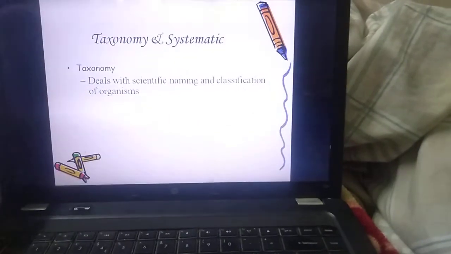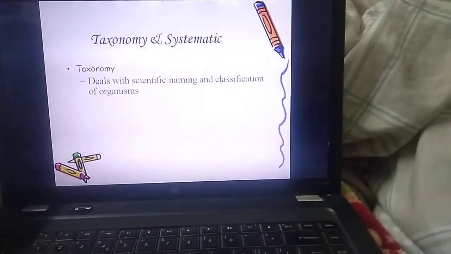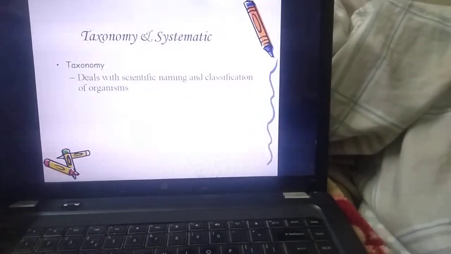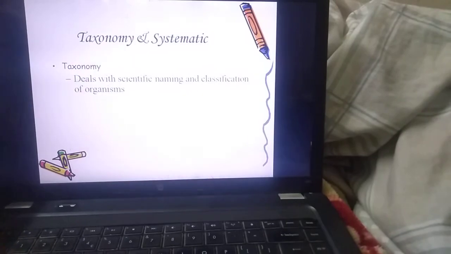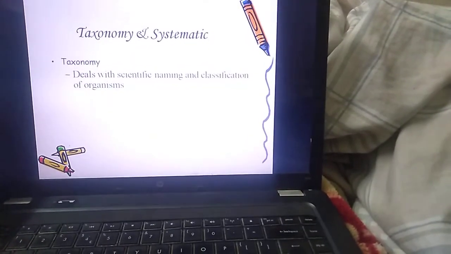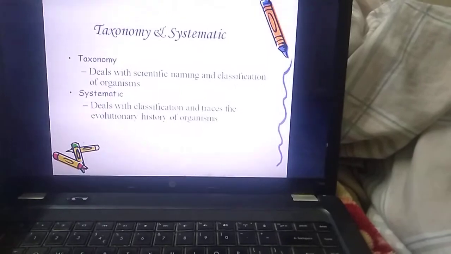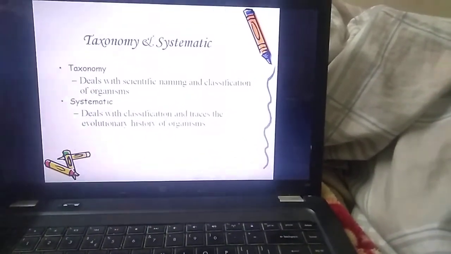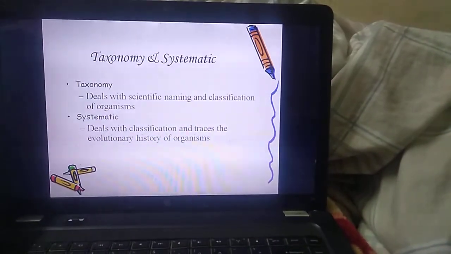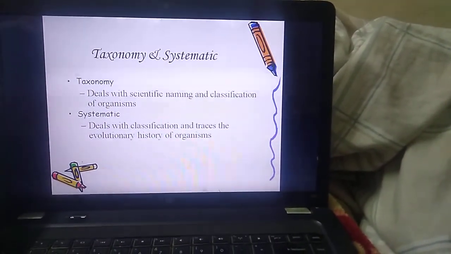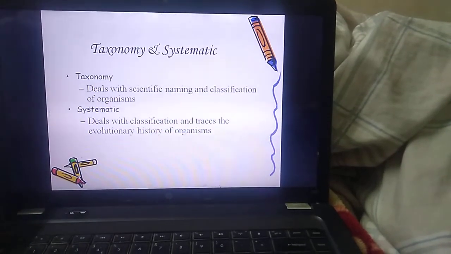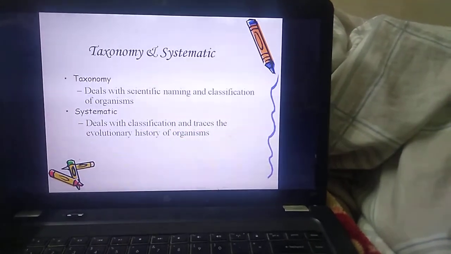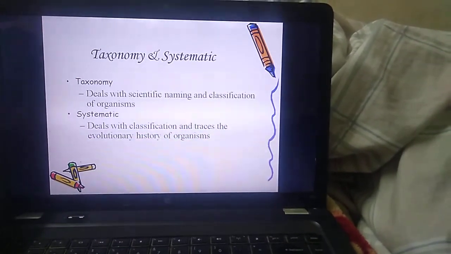What is taxonomy? Taxonomy deals with the scientific naming and classification of organisms into groups and subgroups. And systematics deals with the classification and also traces the evolutionary history of organisms, that is how an organism originates from its pre-remains.